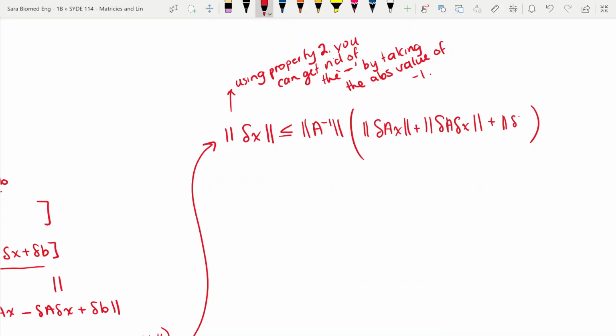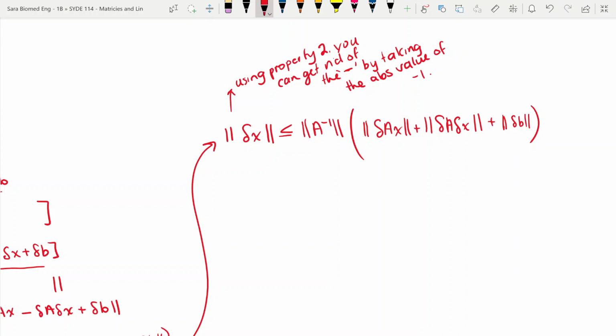Okay, so after that, now we can expand this bracket over here.